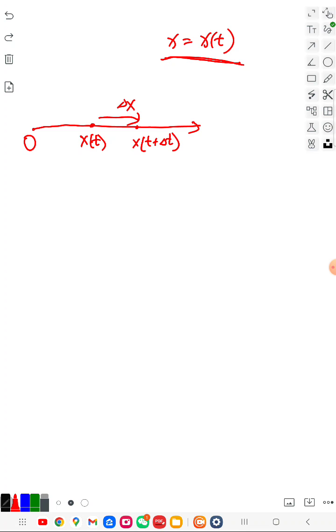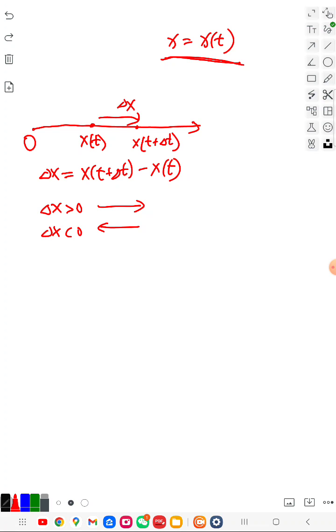So this delta x equals x(t plus delta t) minus x(t), which is called the displacement in the interval of this delta t. When delta x is positive, it represents that it's moving towards the positive direction. When delta x is negative, it represents the negative direction for the x-axis.